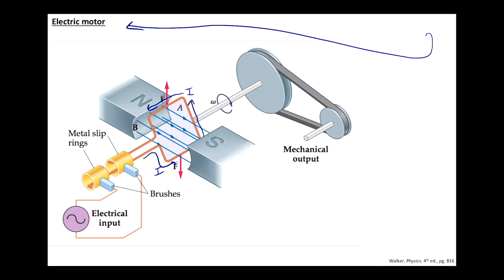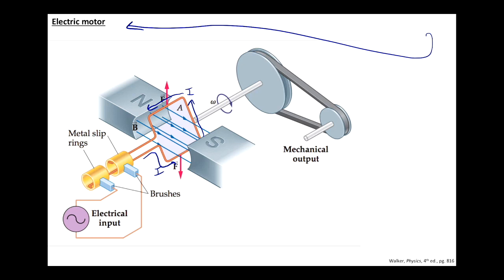Start with the loop flat so that it's directly parallel to the magnetic field lines, and then let it rotate this way. As it rotates this way, more and more of those magnetic field lines that are pointing toward the South Pole are getting in, which means that it's going to oppose that increase in flux by generating an induced magnetic field back toward the North Pole, trying to cancel out the increase.